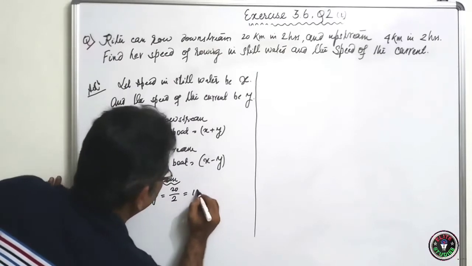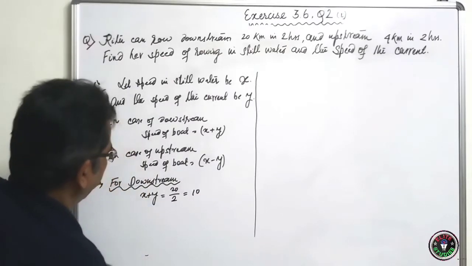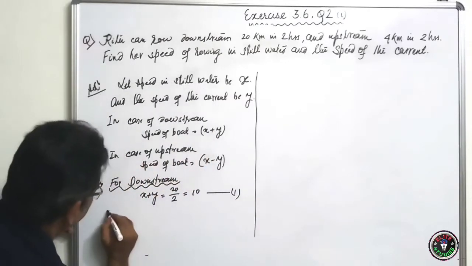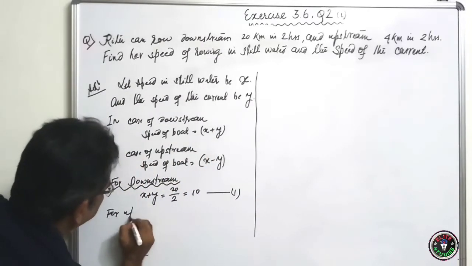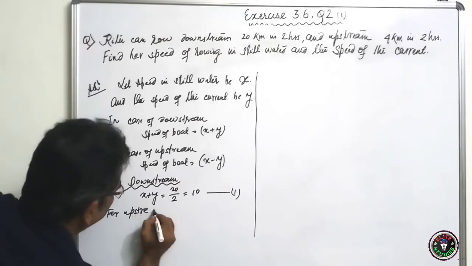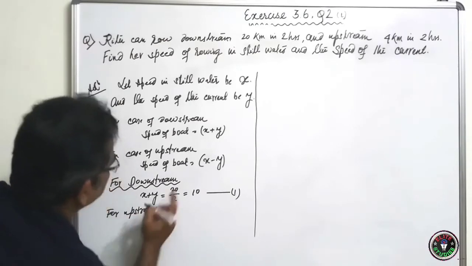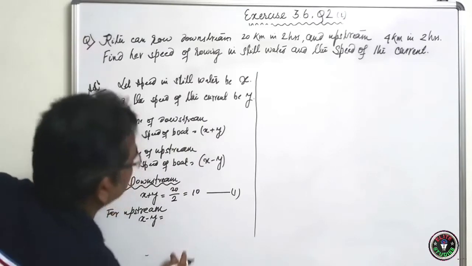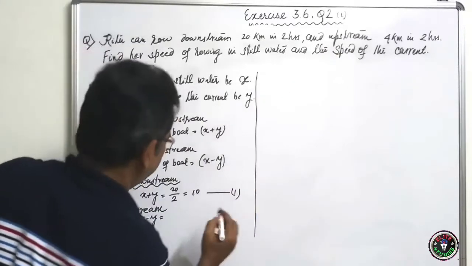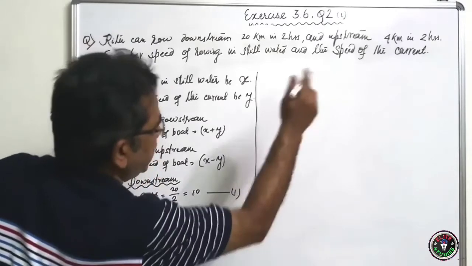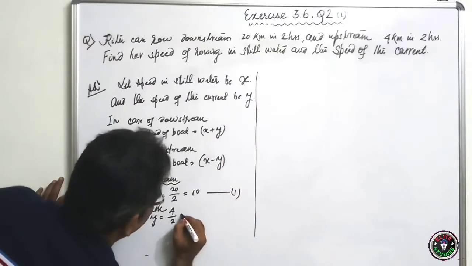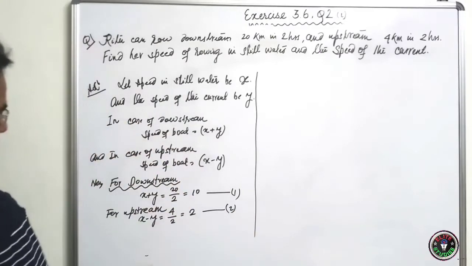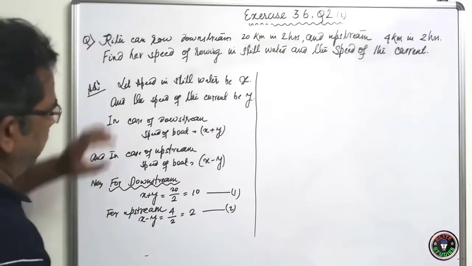So x plus y is equal to 10. So this is equation number 1. For upstream, speed x minus y will be equal to distance, which is 4, divided by 2. So it is equation number 2.